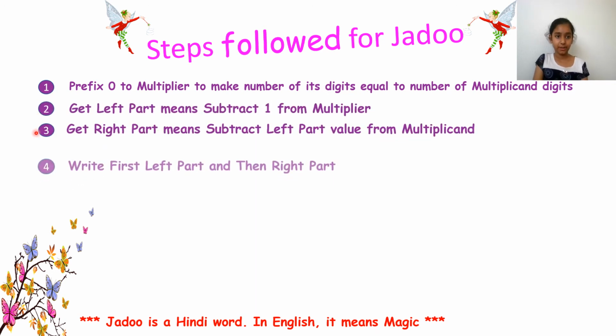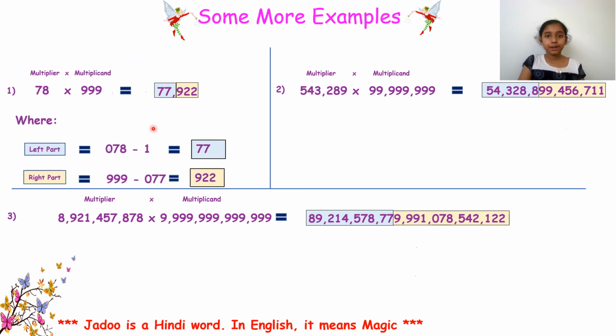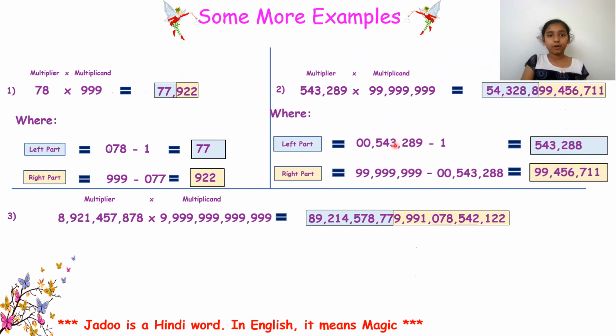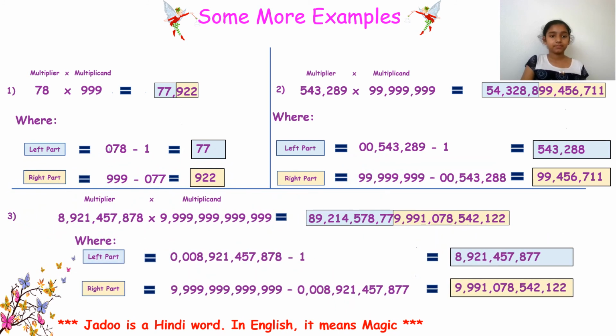Please go through it. For better understanding, I have shown some more examples here, where left part and right part of question 1 are calculated here. Same as for question 2 and question 3.